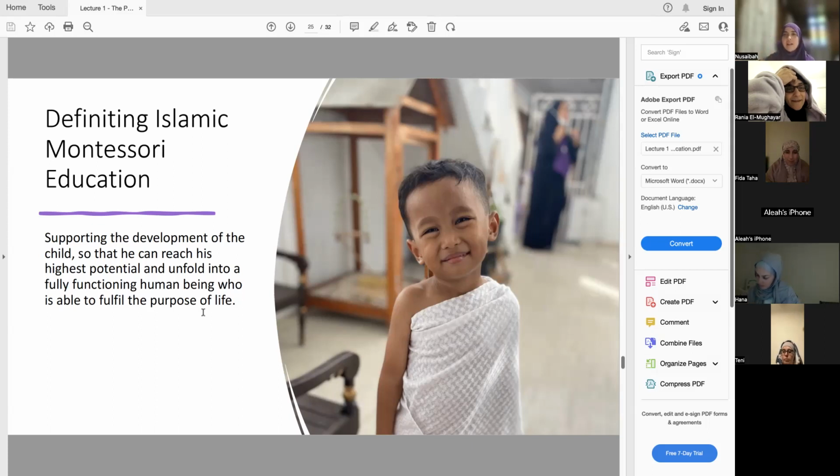So the emphasis here is we want to develop this fully functioning human being who can reach their full potential. And that's quite a big statement, right? We know what the purpose of mankind is because we spoke about that already. But now we're talking about this idea of a fully functioning human being.